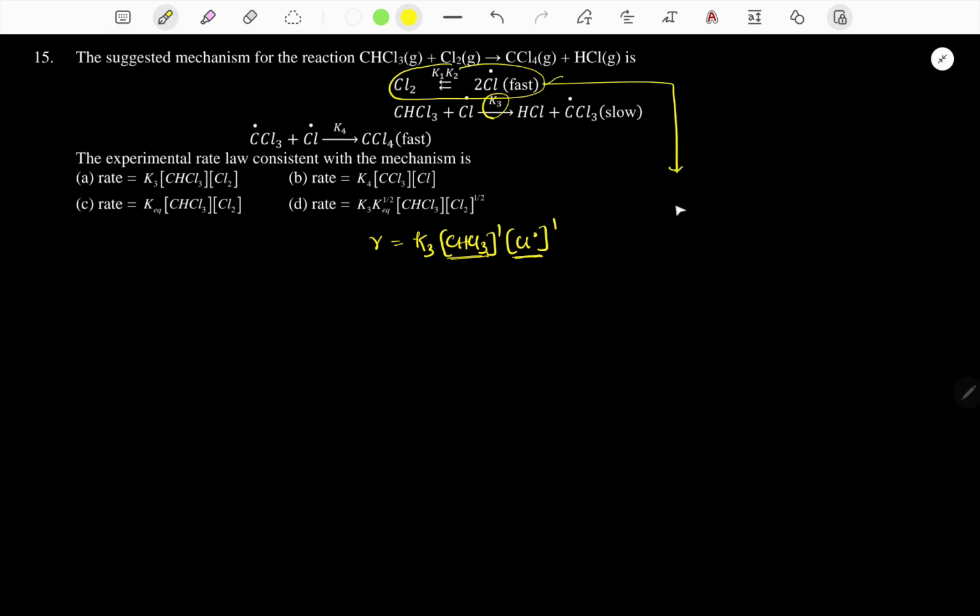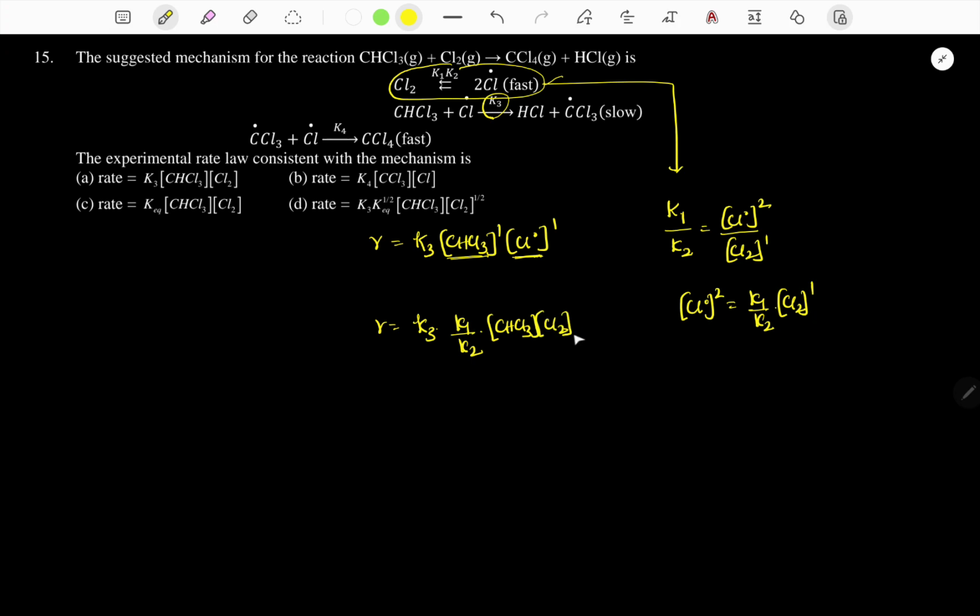So we can write the equilibrium constant, rate constant of forward upon rate constant of backward, equal to Cl radical to the power 2 upon Cl2 to the power 1. From this, Cl radical to the power 2 is equal to K1 by K2 into Cl2 to the power 1. Therefore R is equal to K3 into K1 by K2, chloroform to the power 1, Cl2 to the power 1.